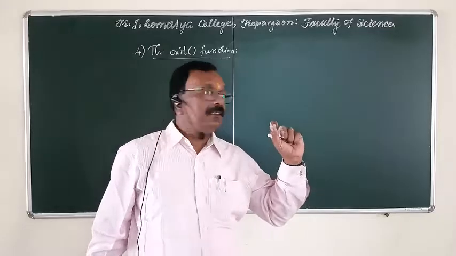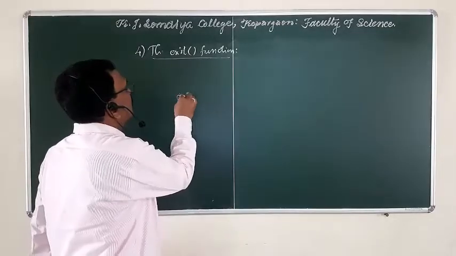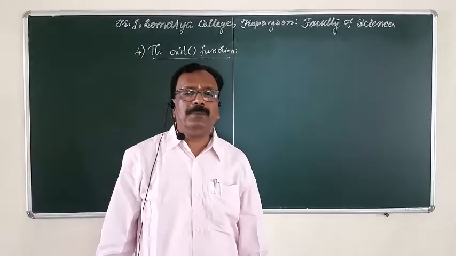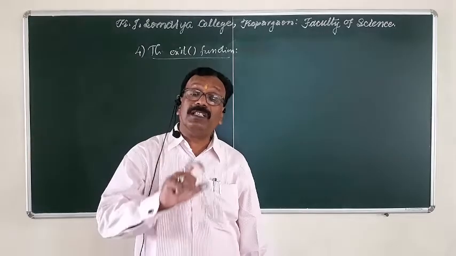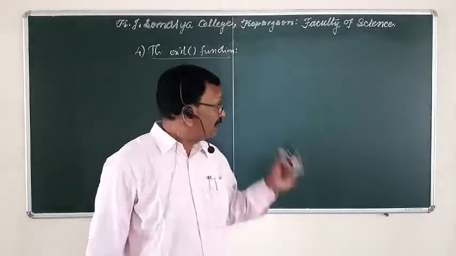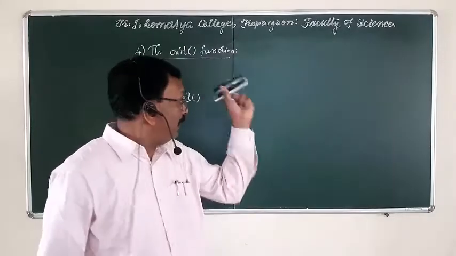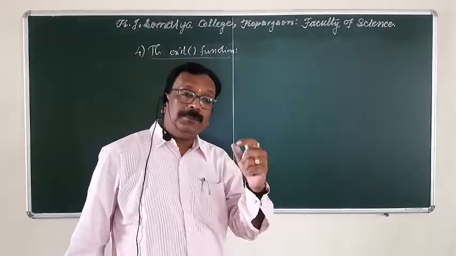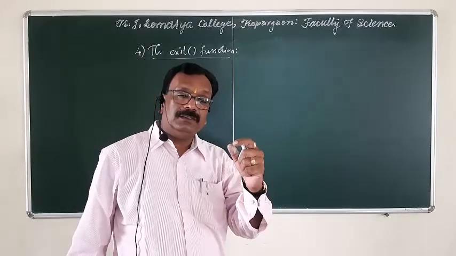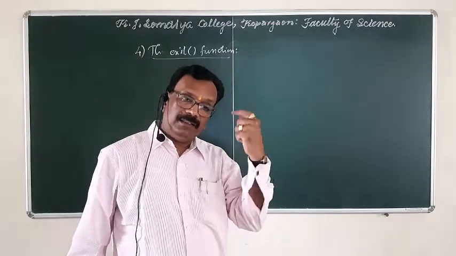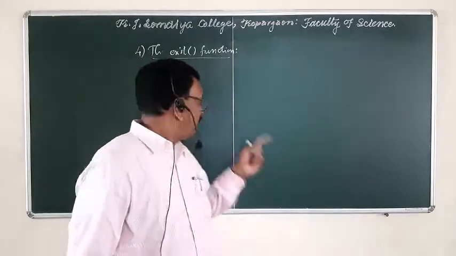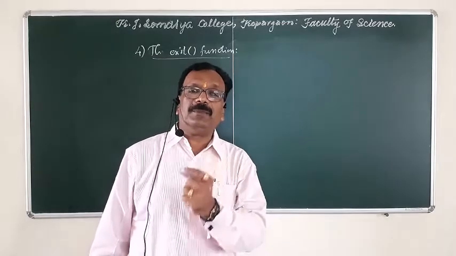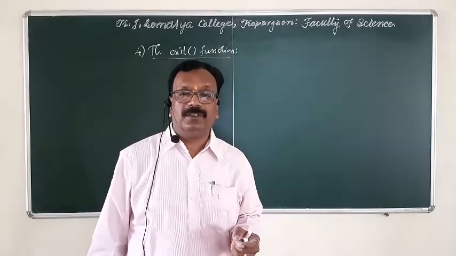The exit causes immediate termination of the entire program. This is the main difference between break, continue and goto. Break temporarily terminates the loop and control remains in the program. But when we use this function, then this causes immediate termination of the entire program.